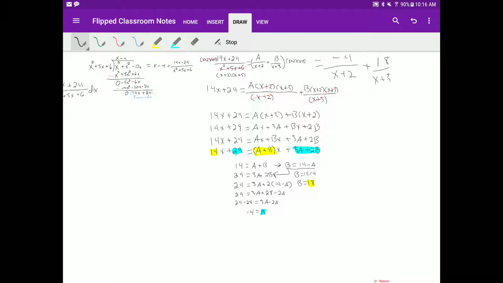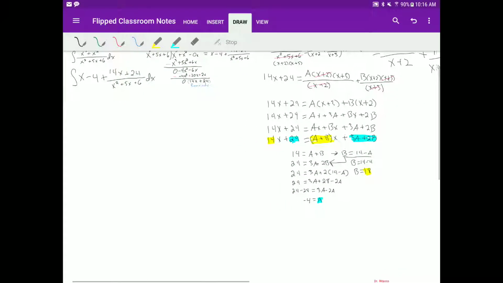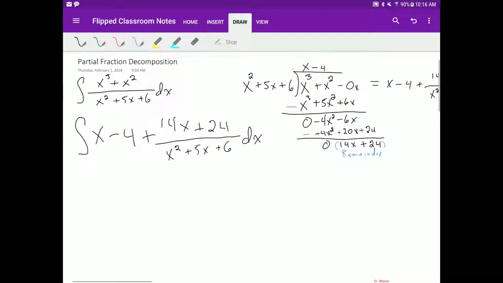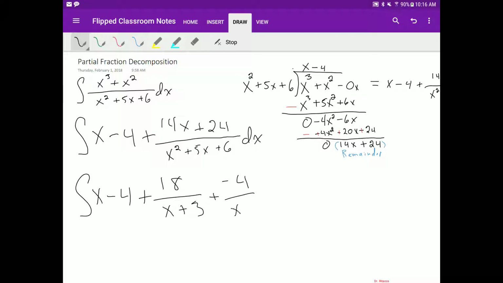So that's what that division gives us. So now we come all the way back over to what our integral was. We're going to use that. Now we have the integral of x minus 4 plus, I'm going to write the 18 first just because it came to mind first, 18 over x plus 3 plus negative 4 over x plus 2 dx.